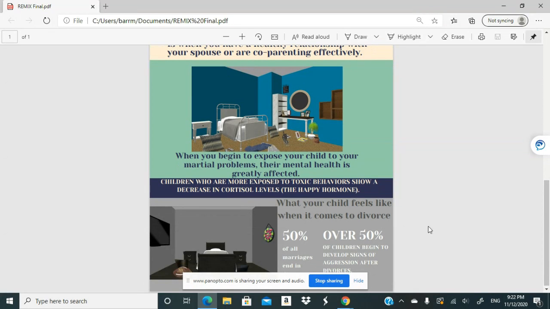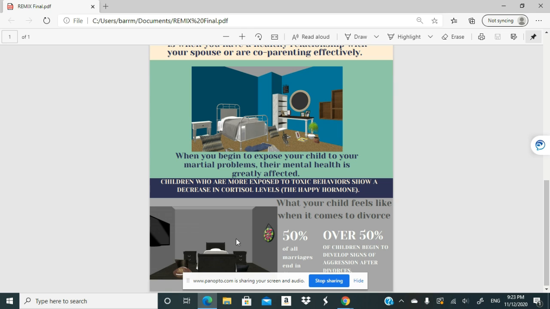And lastly, we can see a bedroom that's very bare, few things on the floor, not very much in the bedroom at all. And this would be a bedroom for a child who, not necessarily through divorce, well, a lot of times in divorce, since divorces are more likely nasty, as some people would say, rather than healthy.